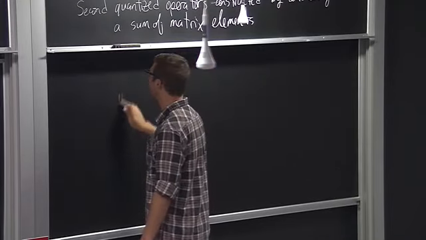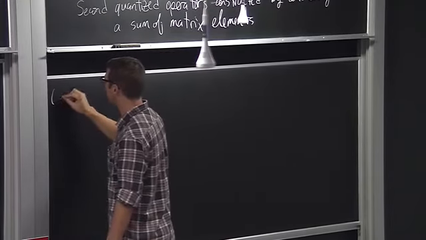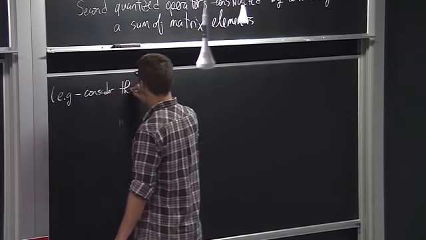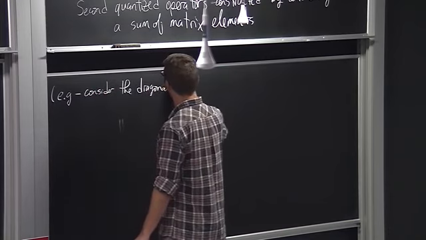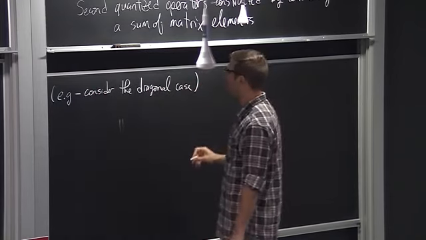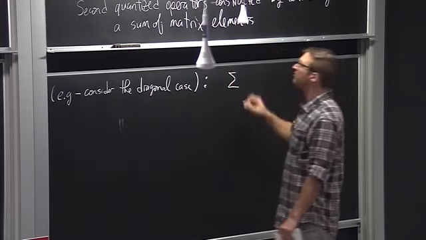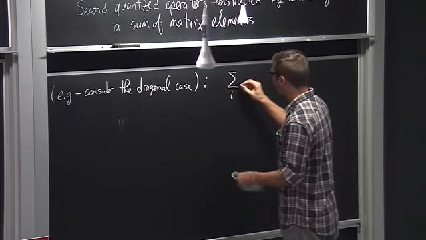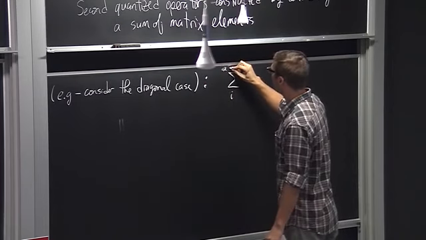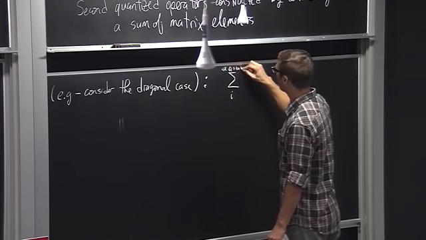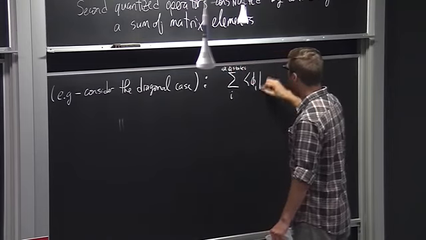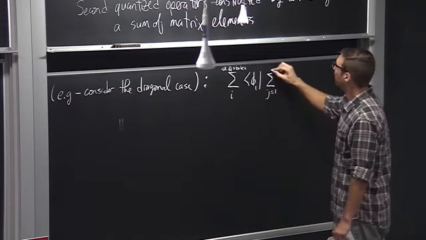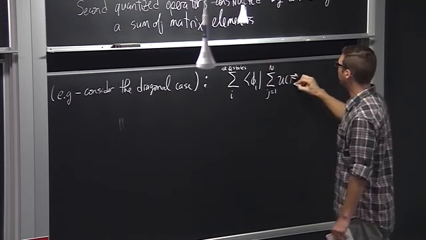Let me look at the diagonal case. I would essentially sum over all single particle states and insert the one-body operator to calculate all the matrix elements.